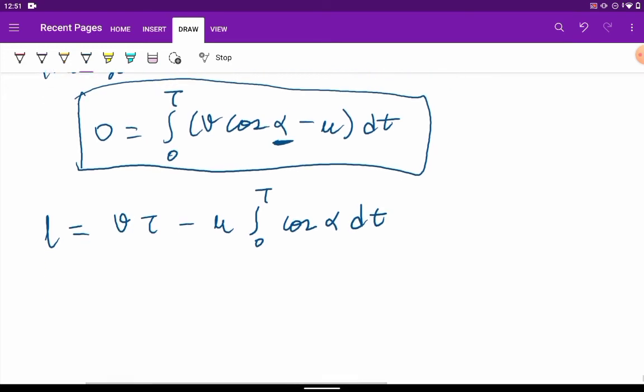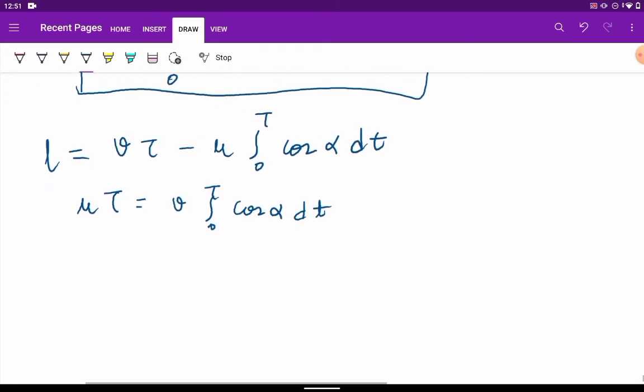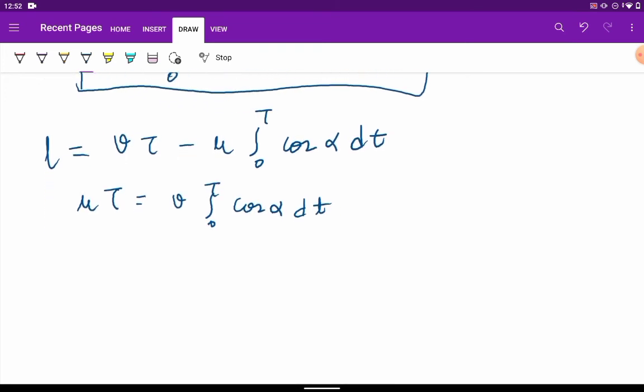From the second equation, v times the integral of cos alpha dt equals u tau.